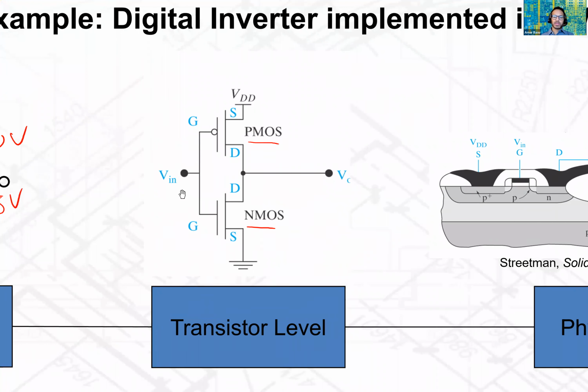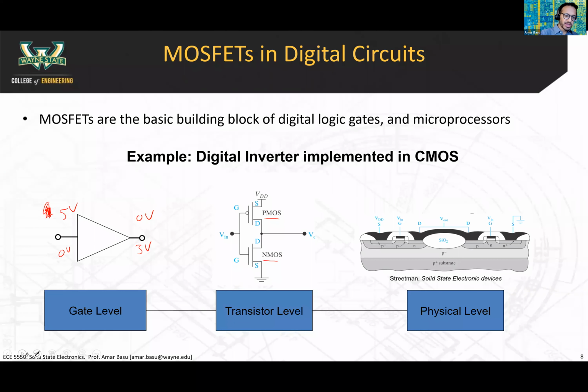The intuition of how an inverter works, and you don't need to know this for the exam because this is not a course in circuits, is that if this voltage were, say, 5 volts, then this VGS is greater than the threshold voltage, and this device is on.